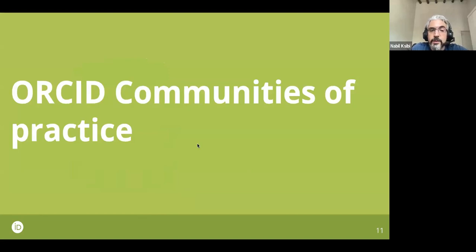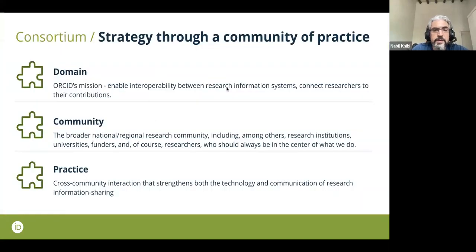In terms of communities of practice, ORCID is very well known for federating voices from the community and institutions around the use of this unique global persistent identifier registry that is allowing this primary mission to disambiguate names of authors and researchers.